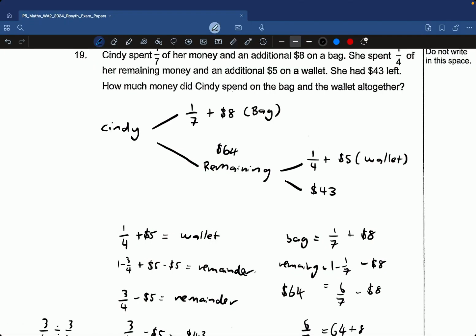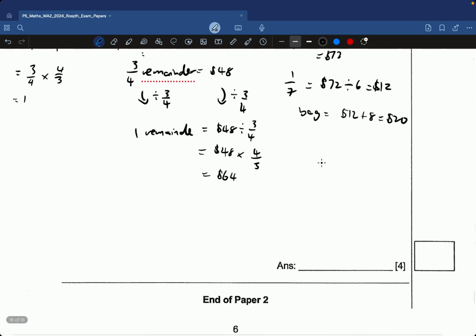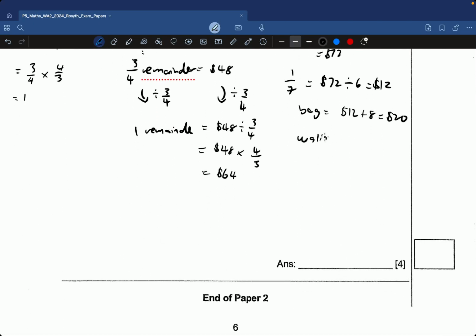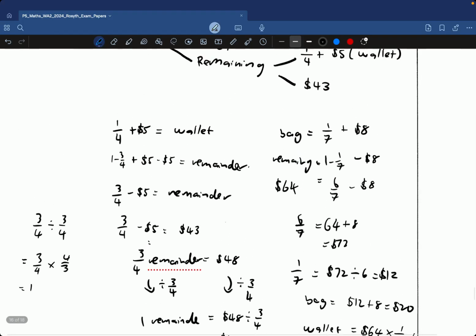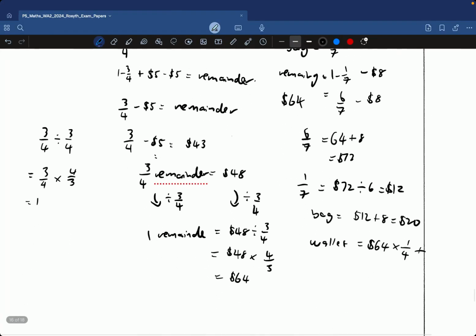The next thing is that we want to get the wallet. The wallet is the remaining $64 times 1/4 plus $5.